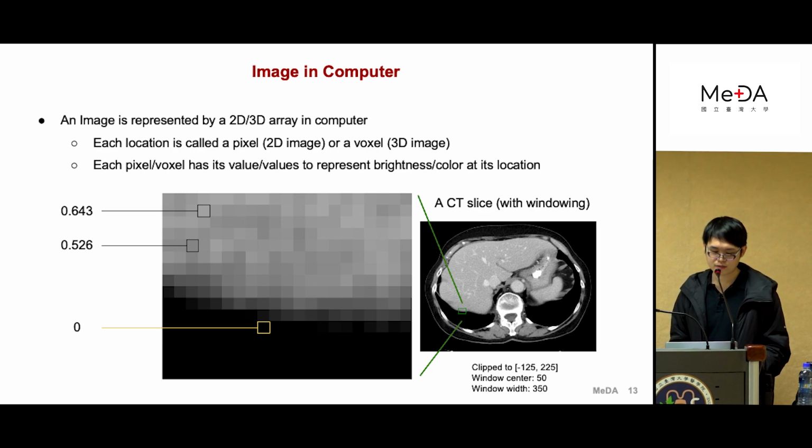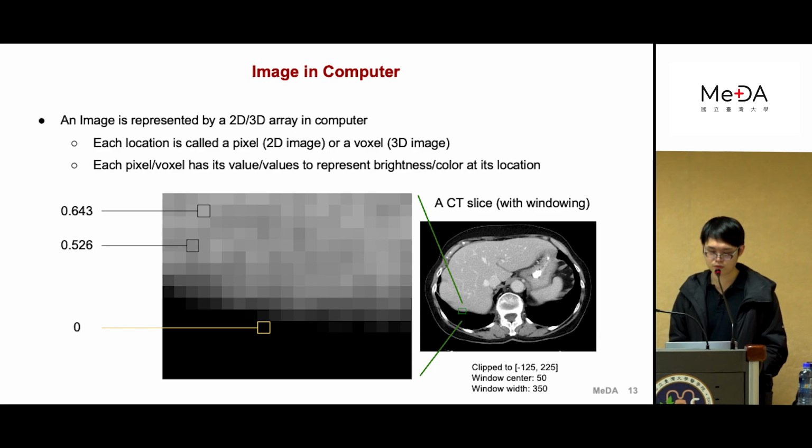And if you zoom in on this part, you will find it is formed by many little squares, and each small square is called a pixel. Every pixel is represented by a value, which means the brightness or the color.